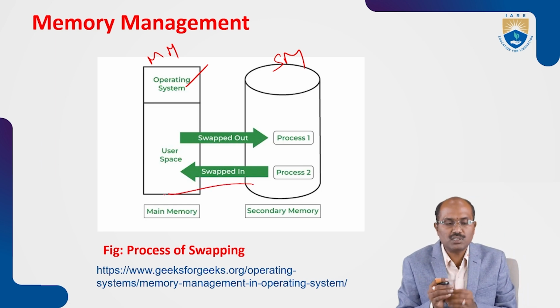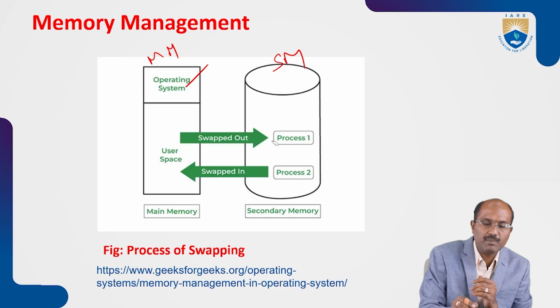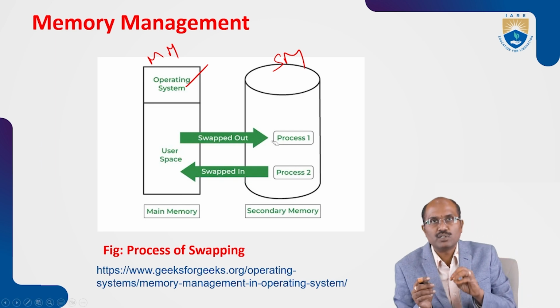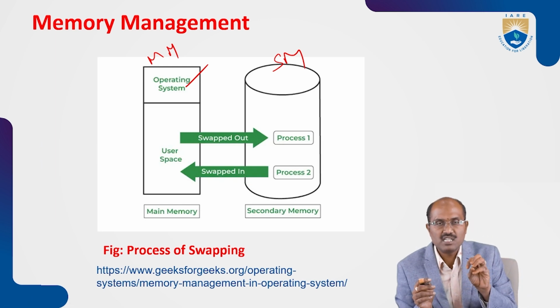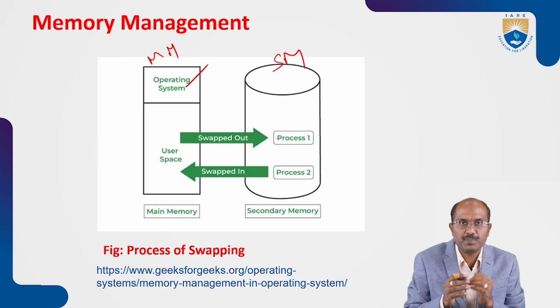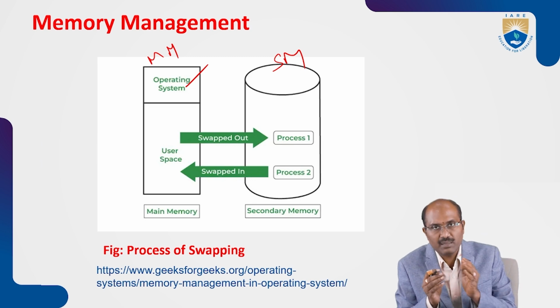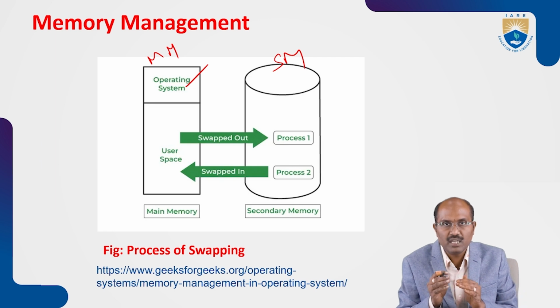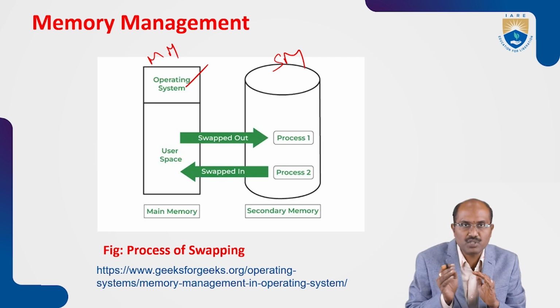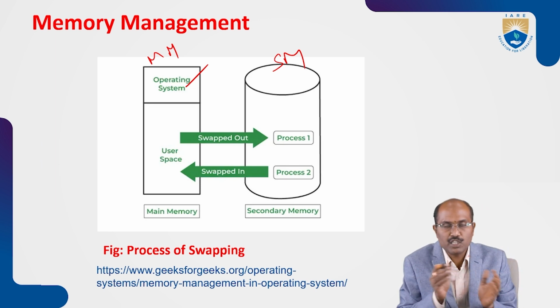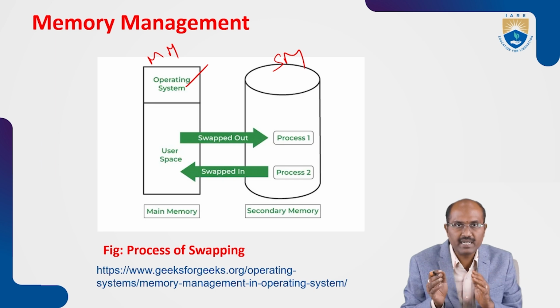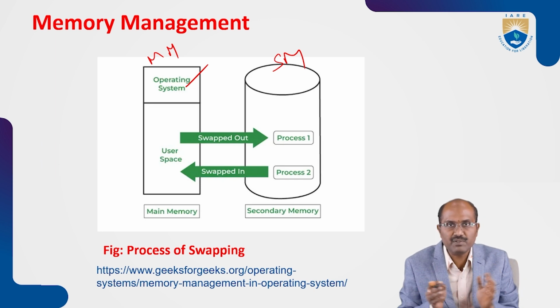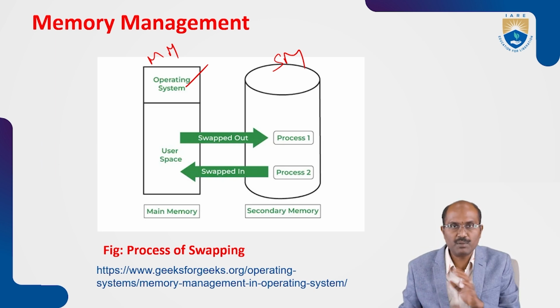This figure shows the swapping technique between secondary and primary memory. The data keeps moving from secondary to primary and primary to secondary, and can be exchanged between the two.